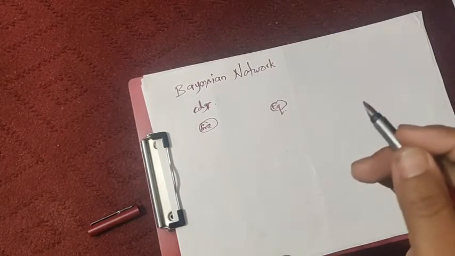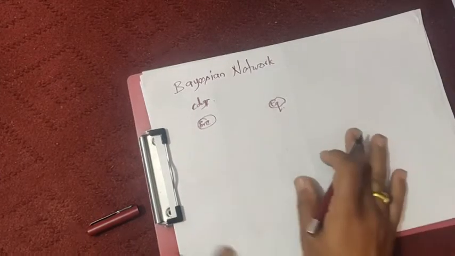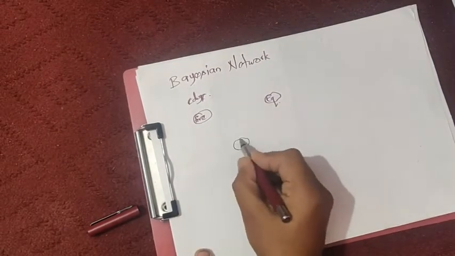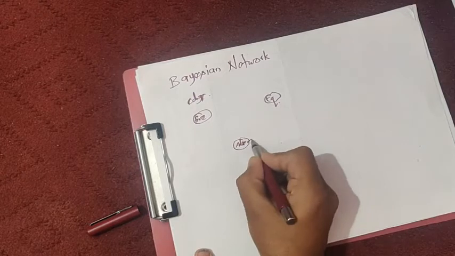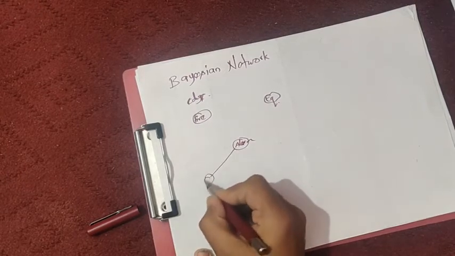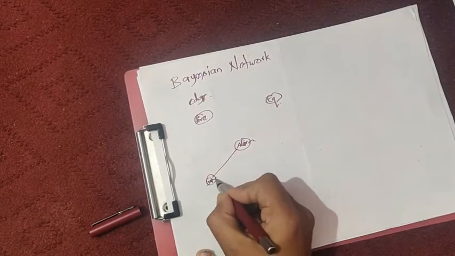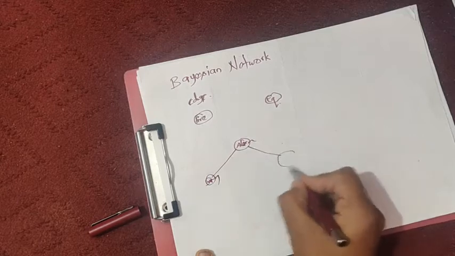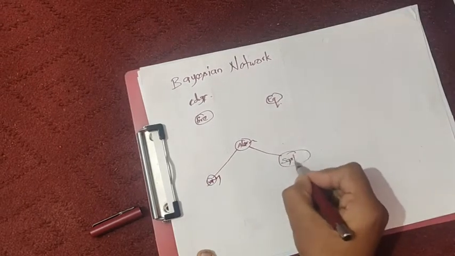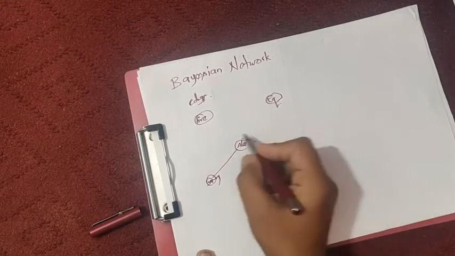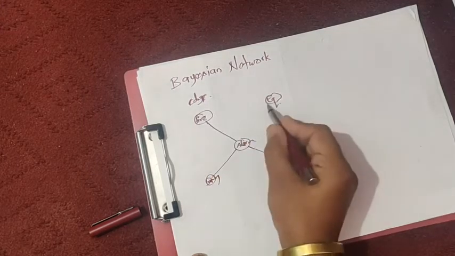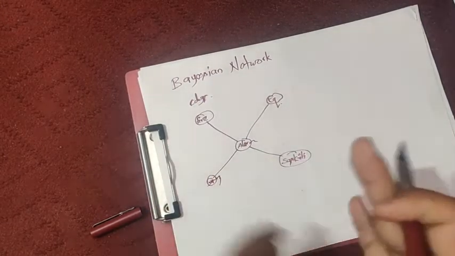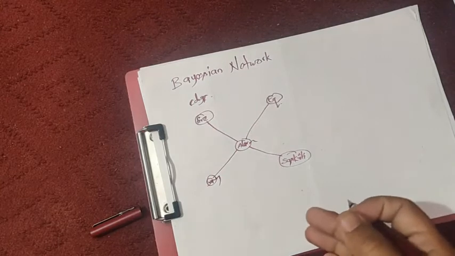Its graph can be represented as follows: there is an alarm also. Here is Suraj, here is Sanskriti. So this is the scenario we are going to consider.